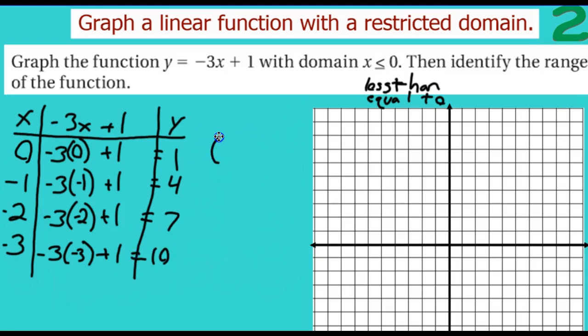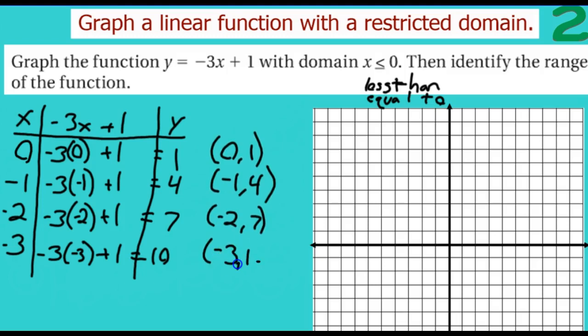So our points then are going to be 0, 1, -1, 4, -2, 7, -3, 10. So we have x and we have y.